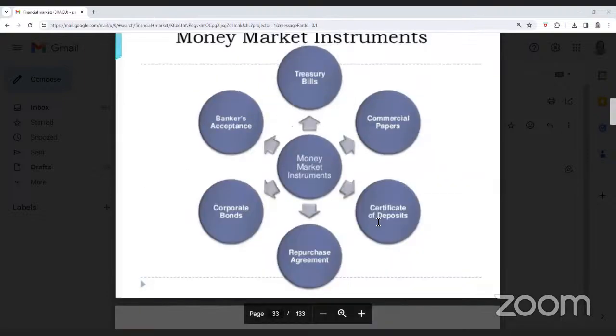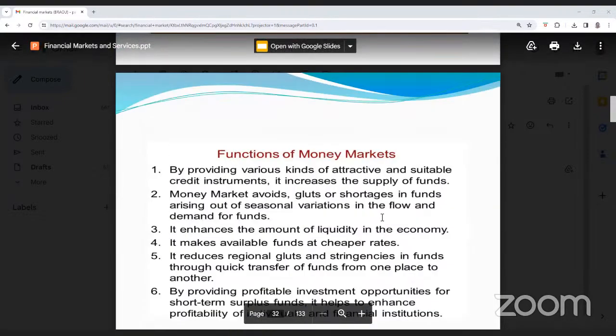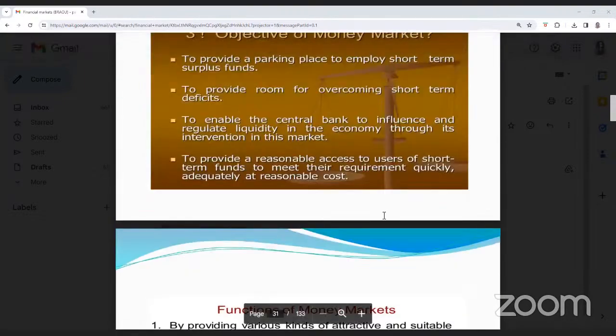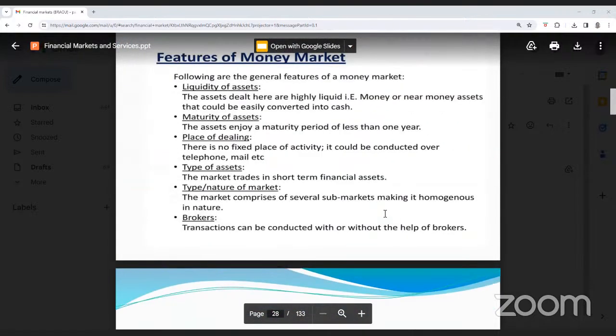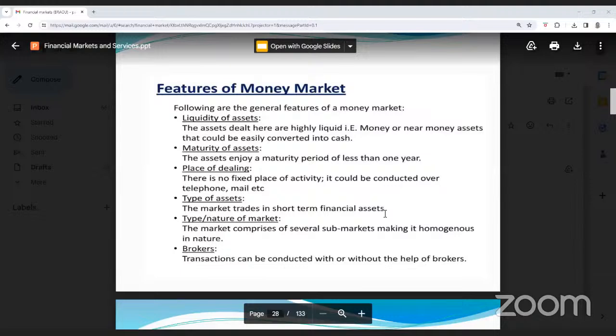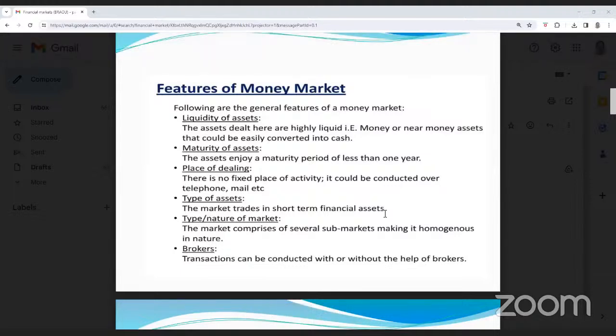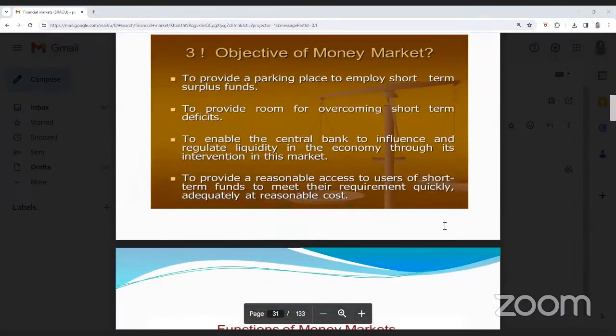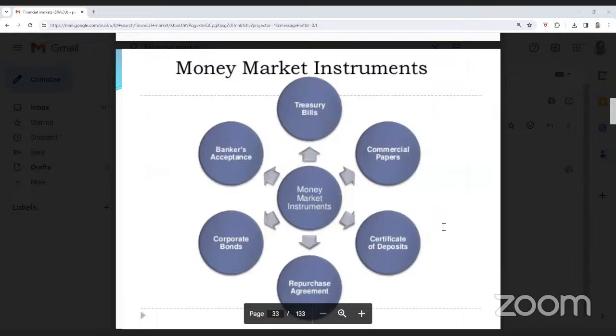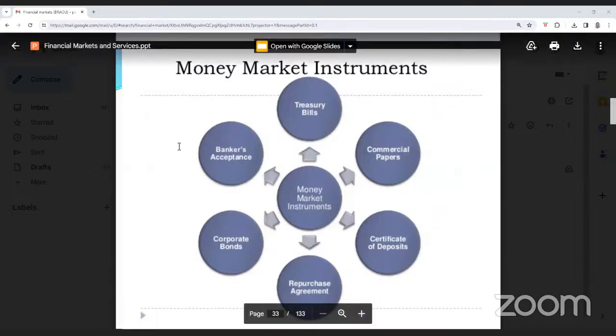So here, did you take this one piece of money market? Yes, ma'am. So till here I have explained. In the next class I will explain the objectives of money market, functions of money market, and the instruments in the money market.